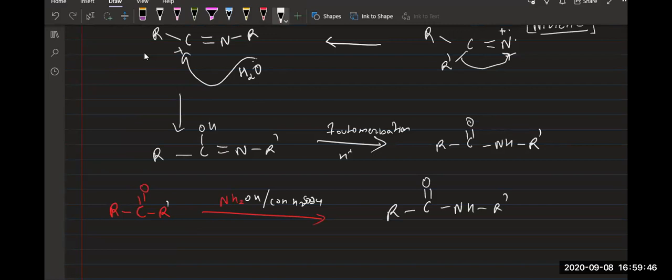Anyone have any issue till this point? See, Harsha, frankly speaking, we don't know why this rearrangement happens.